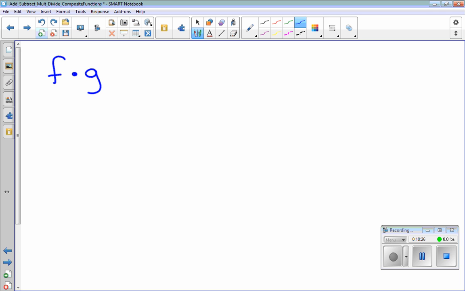Be very careful because there is a different notation that we're going to learn after spring break that looks like this. This does not mean multiply. It has to be a closed, filled-in circle to mean multiply. And that's called composition, and we're going to learn about that after spring break.